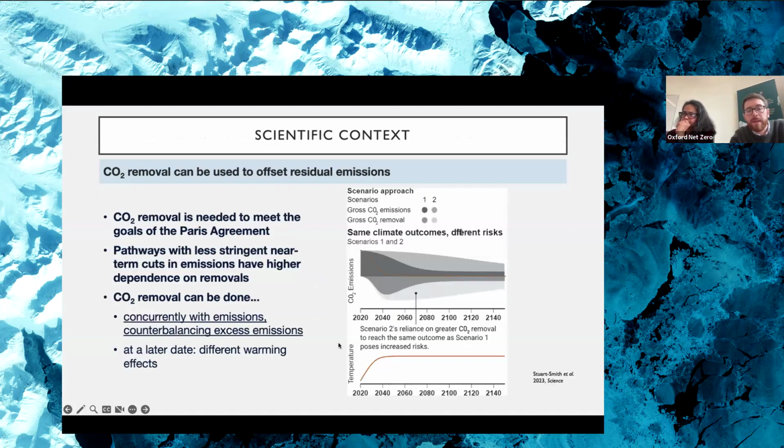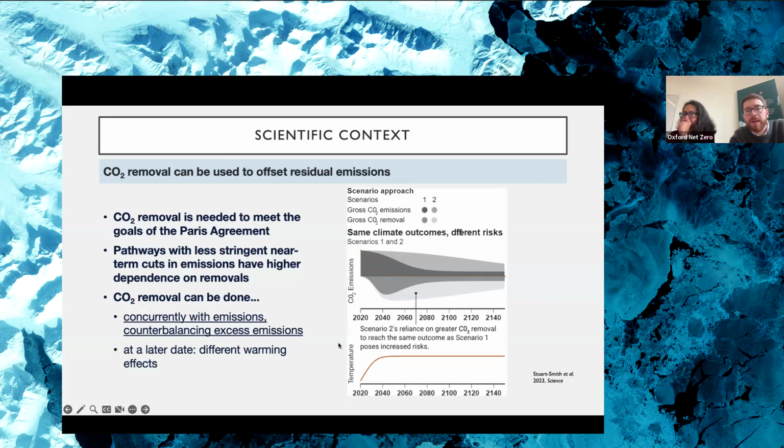The first thing that I want to flag up about CDR is that, in addition to the fact that we need to do some of it, and that pathways with less stringent near-term cuts in emissions mean higher dependence on removals, there are different sorts of dependence on CDR. Two sorts of dependence that I want to flag up here.